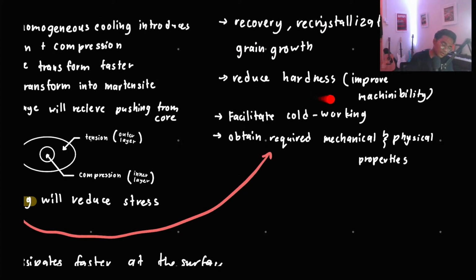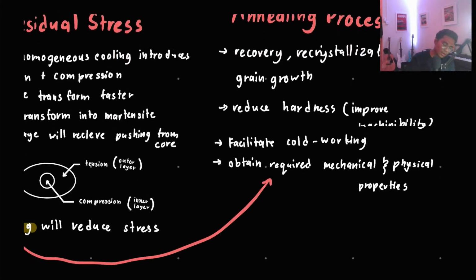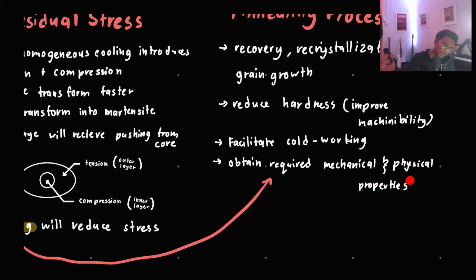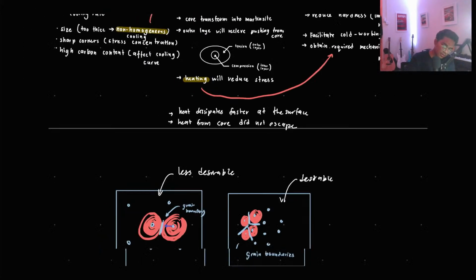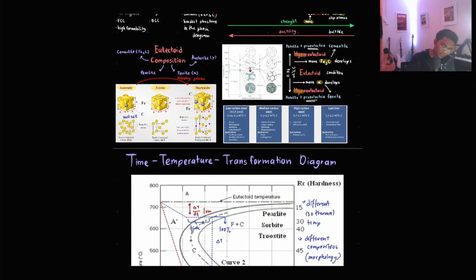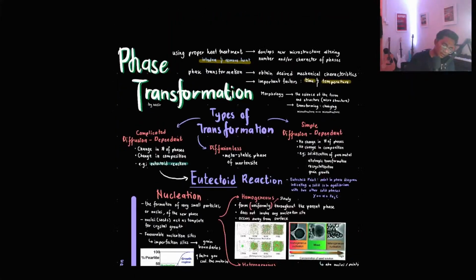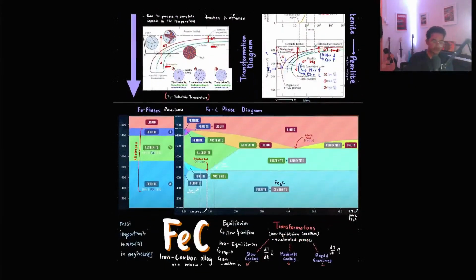This is to reduce the hardness so that we can improve the machinability. It can facilitate cold working, and we can obtain the required mechanical and physical properties of the materials. So that is all for phase transformation.